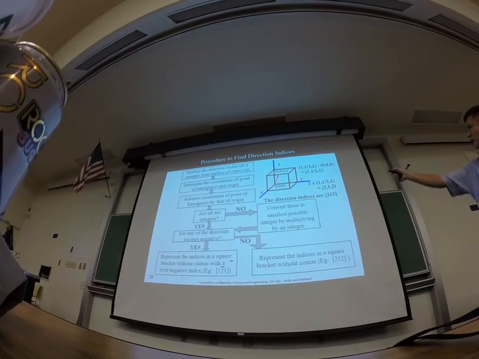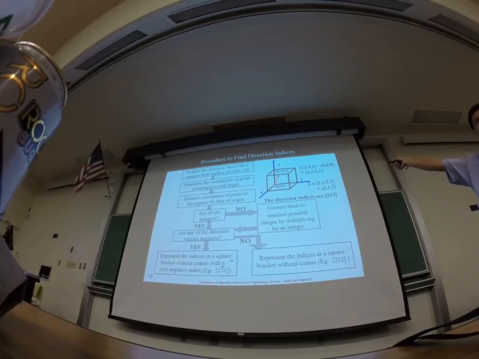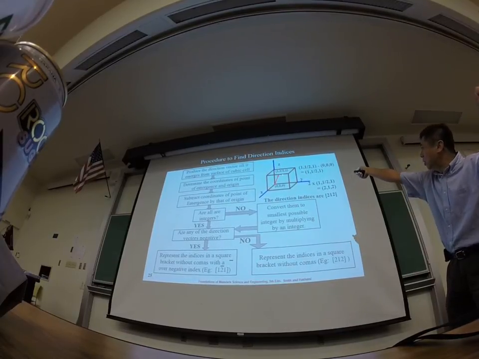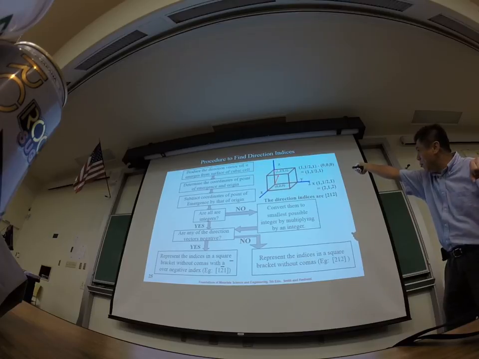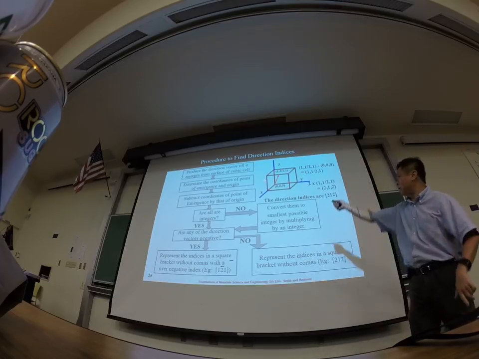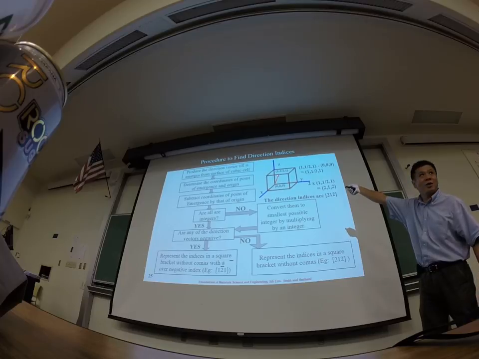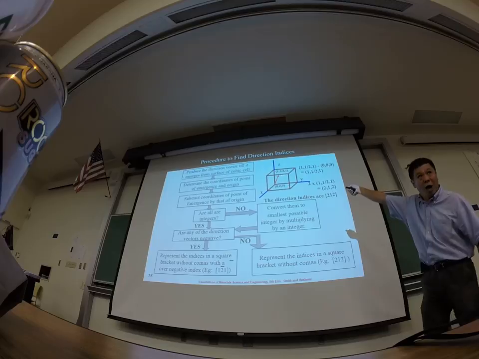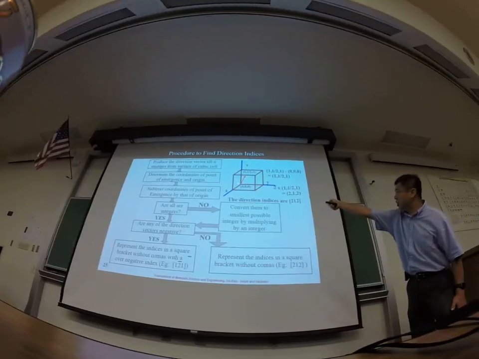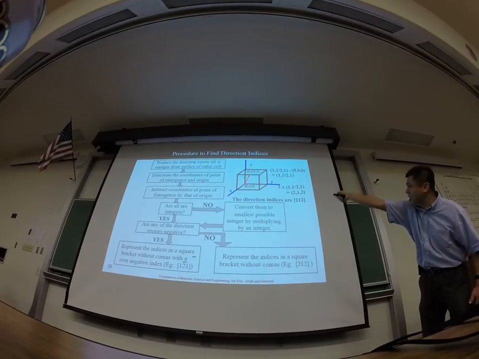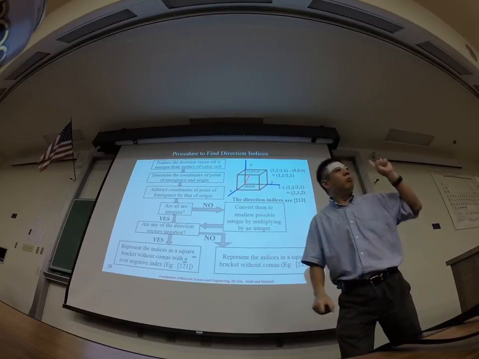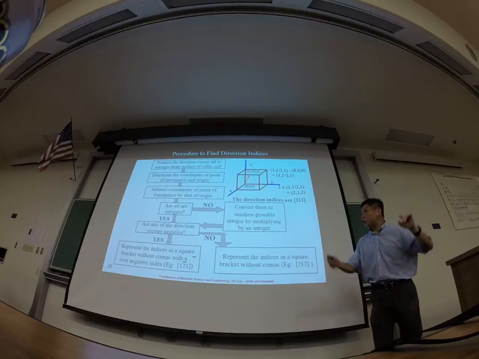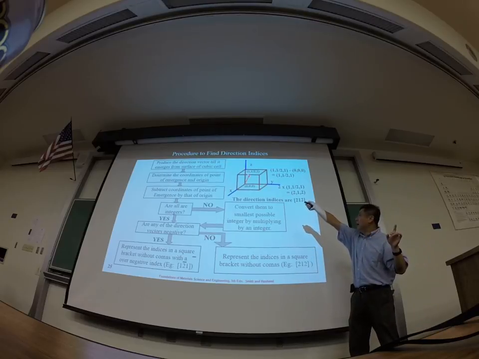Now let's do another example: the vector pointing from the origin to the location (1, 1/2, 1), because the x-axis is 1, the y-axis is 1/2, and the z-axis is 1. To determine the direction indices of this vector, the first thing you need to decide is the endpoint.